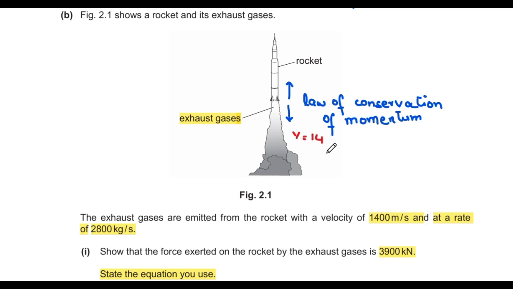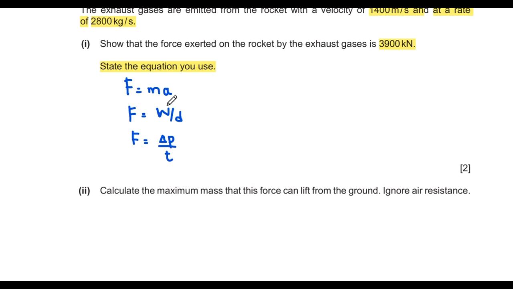So we have the velocity of the gases, which is 1400 meter per second, and the rate of ejection of gases is 2800 kg of gases being emitted in a second. So we again have these three formulas. I can't use the second one because I don't have the energy, neither do I have the distance, and I can't use the third one because we don't have change in momentum as well.